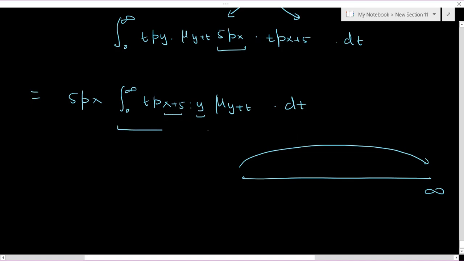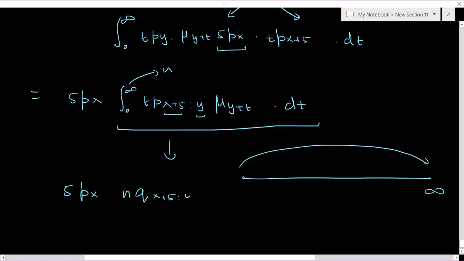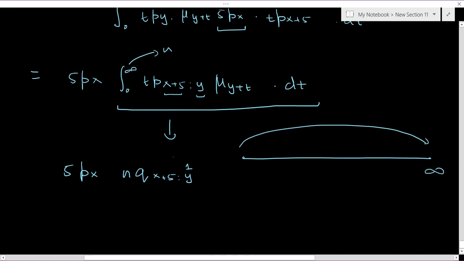So this is basically, if you go back a few pages and you compare, if you want to, this is the expression for, we used to have something, if there was an n here instead of infinity, we used to call this nq x plus 5 y with a 1 over y. We used to say that we are modeling the death of y.